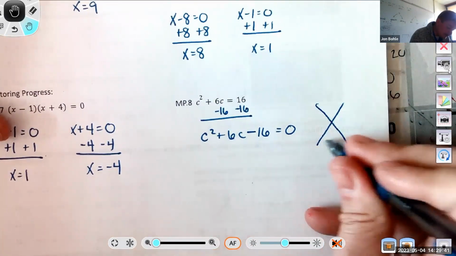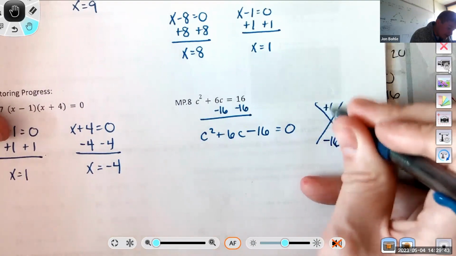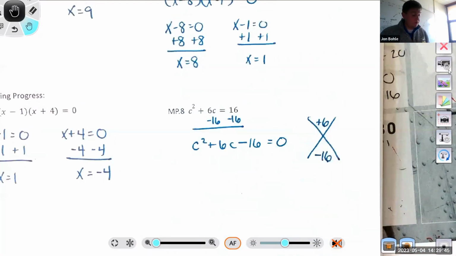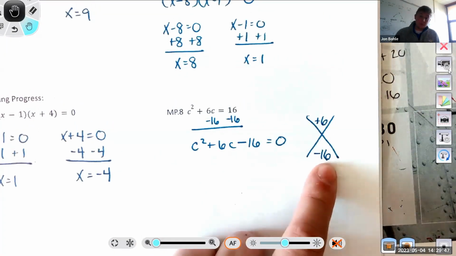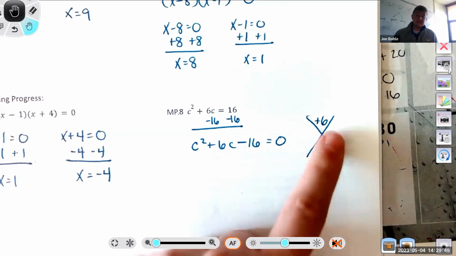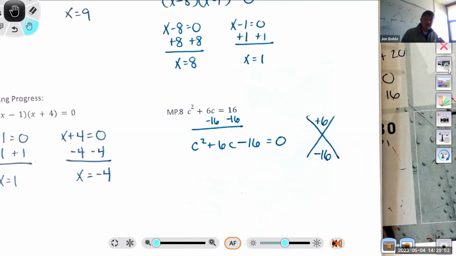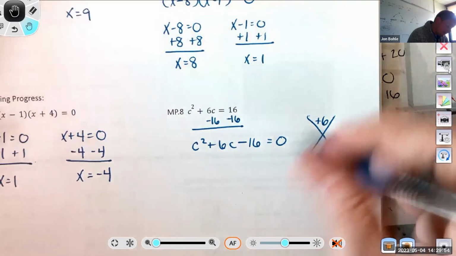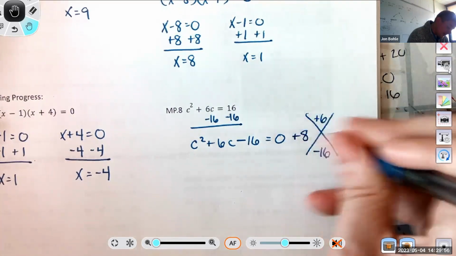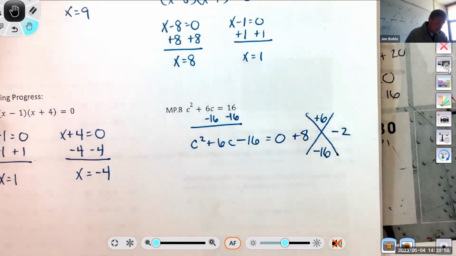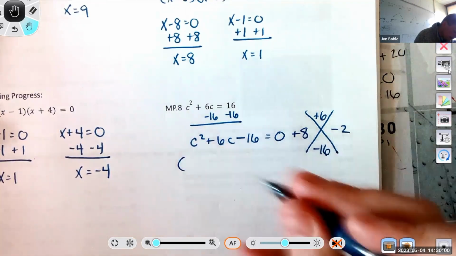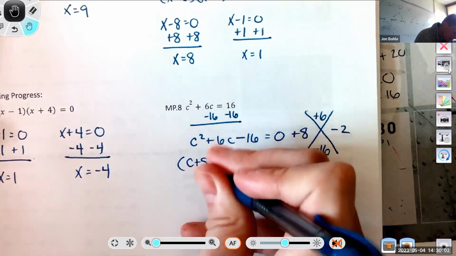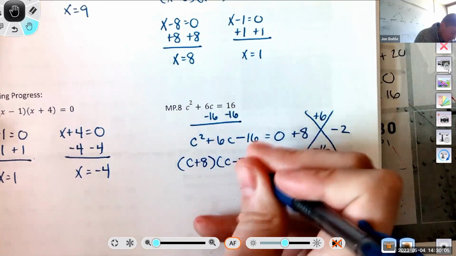A times c is -16, and b is +6. So I'm looking for numbers, since I'm multiplying to a negative, that multiply to 16 but subtract to 6. You might have to spend a little time off on the side finding these numbers, but it is ultimately +8 and -2. Once you have that, you can factor it into c plus 8 times c minus 2.